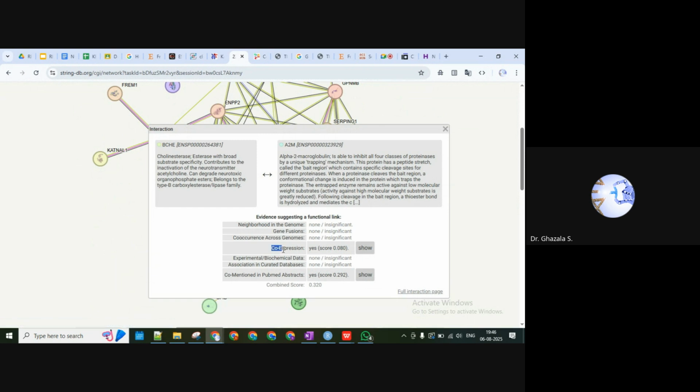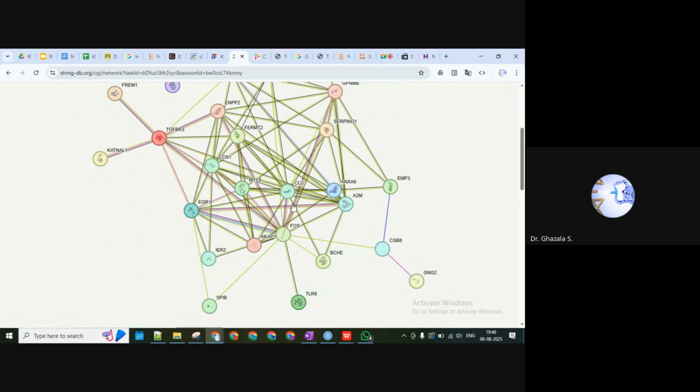You can see here the co-expression level is higher, 0.08, so considerable co-expression is present. And then we can further see the reference for this co-expression. So these two genes are co-expressed together. Expressing together means if the expression of BCHE is changing, then definitely the expression of the other gene will be changing.